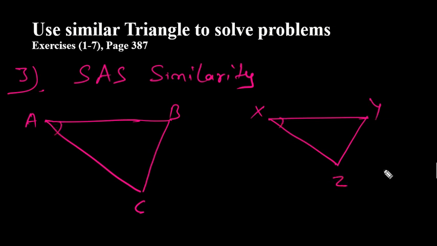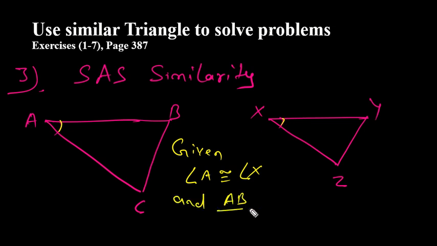and the information given is that angle A is congruent to angle X, right? So the given information is angle A is congruent to angle X because of this sign, and also it is given that AB over XY is equal to CA over ZX.